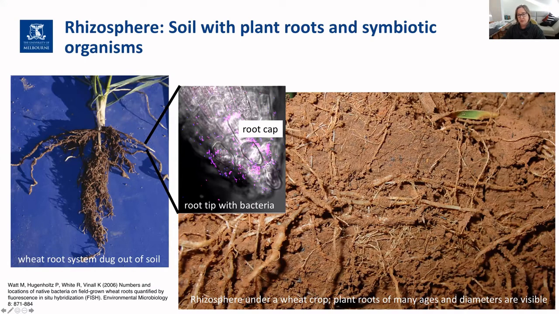And this gives a sense of the density of roots that are below ground under almost all plants. And so the rhizosphere, as I will use the term, is the sphere of soil that is influenced by roots, and it includes the roots and their symbiotic organisms.